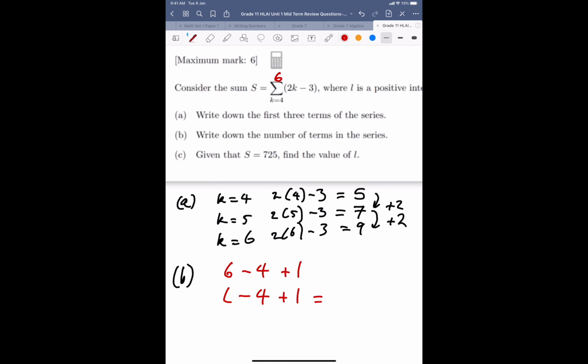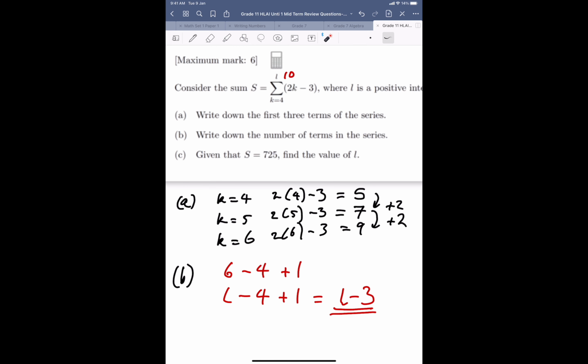But isn't that just L minus 3? Just see if that works. So when we take the 6 here and we subtract 3 from it, we get 3. There are 3 terms, all right? So we'll test this out again. What if I made this top number 10? According to our formula, 10 minus 3 is 7 terms.